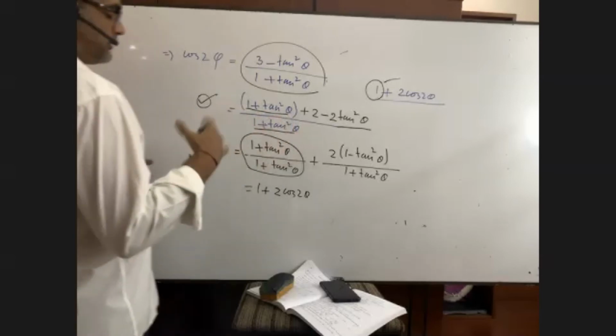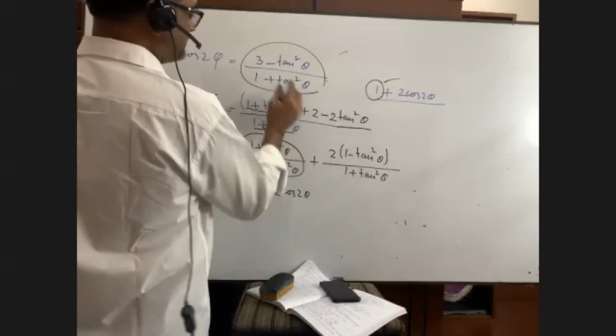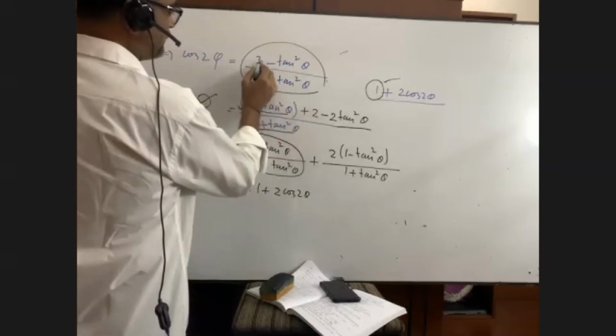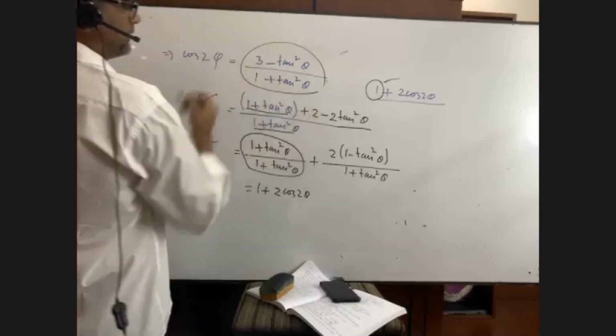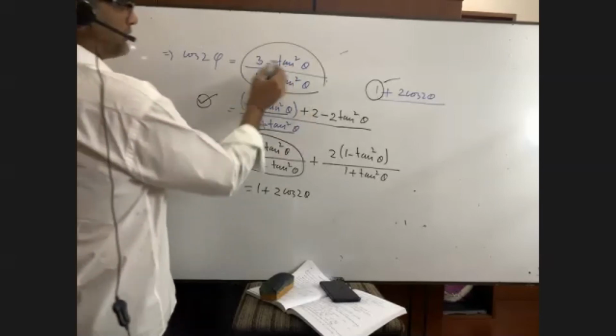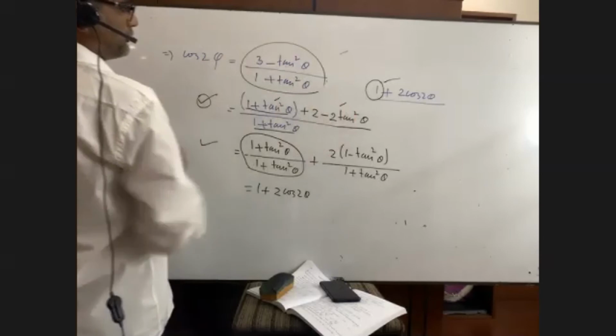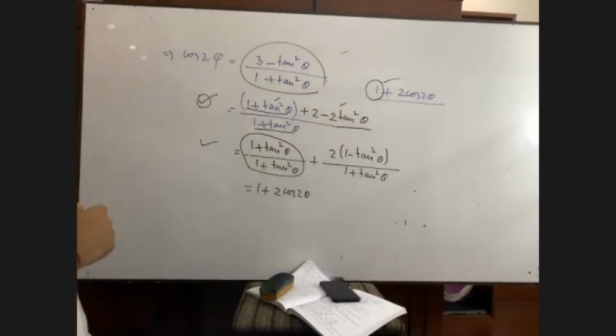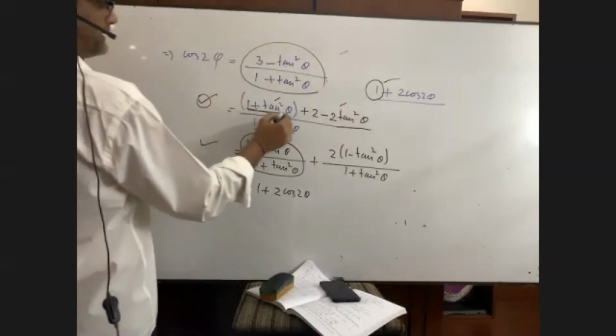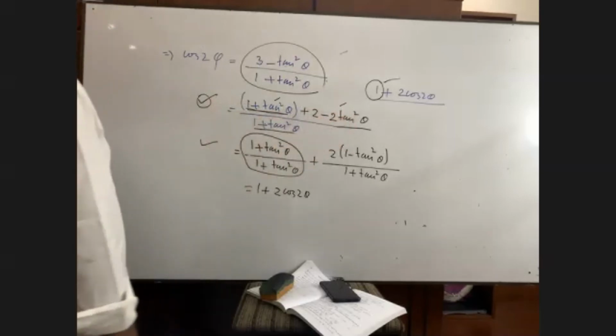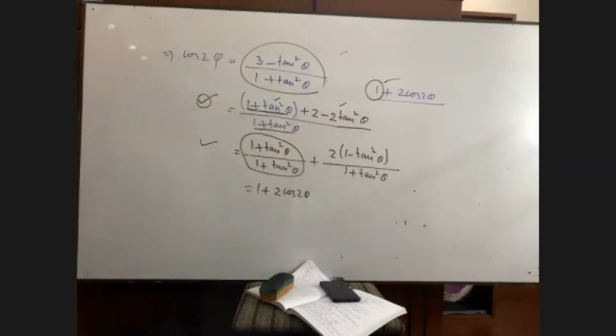Now you just balance it. What is needed here? It is 3. 1 plus 2 equals to 3. It is minus tan square. So tan square minus 2 tan square is equal to minus tan square. You have to take this, then you have to balance it. Okay? Yes sir.